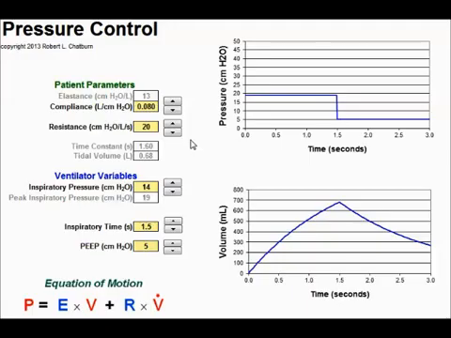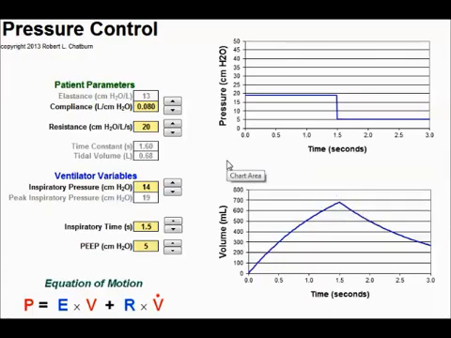I have my inspiratory pressure set at 14, a PEEP of 5, and an inspiratory time of 1.5 seconds. As you'll notice, my measured values on the right, based on my graphs, my pressure is constant, and so my peak pressure is around 19 centimeters of water, and my tidal volume is approximately 700. So based on this inspiratory pressure of 14, I'm generating almost 700 cc's.